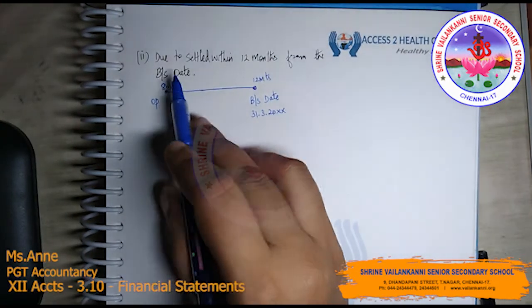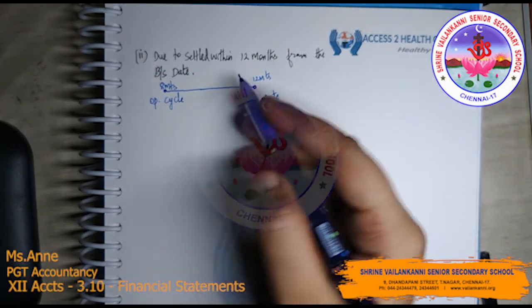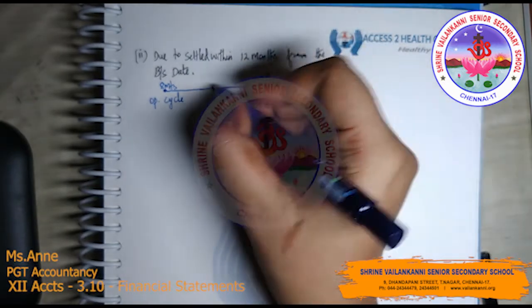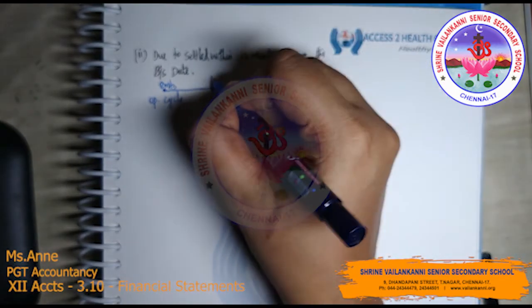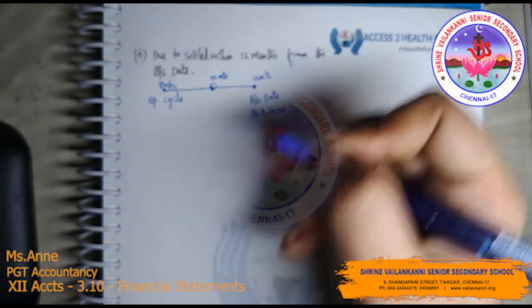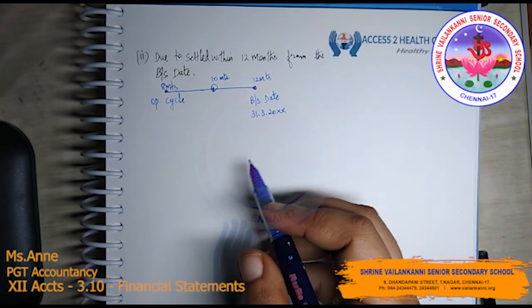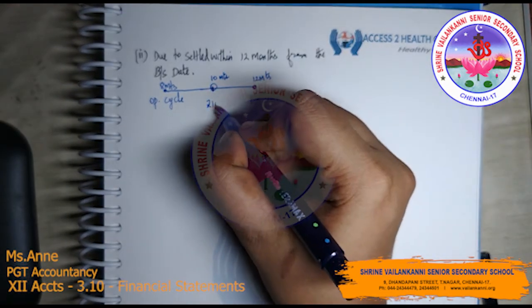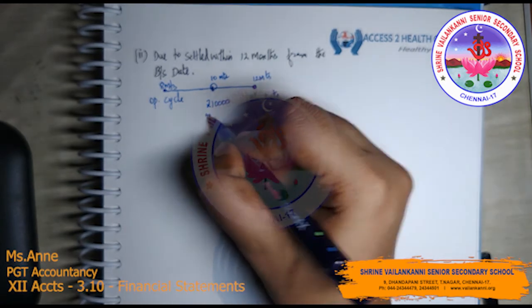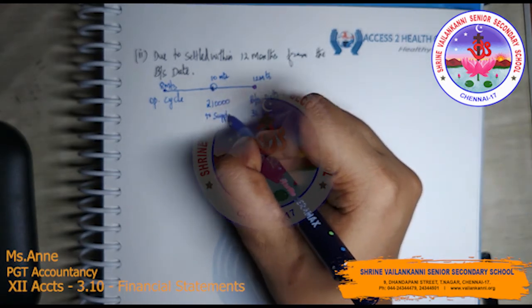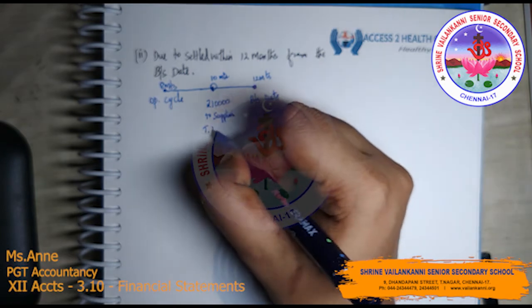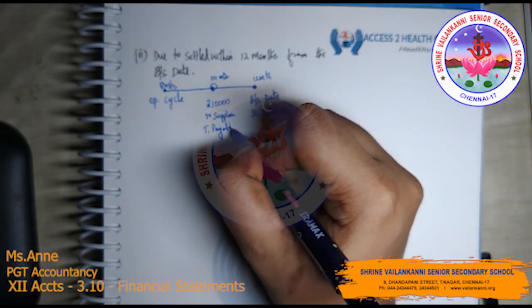So if suppose our liability is to be settled in the 10th month, then how will you treat it? Suppose you need to pay rupees 10,000 to a supplier, being trade payable.